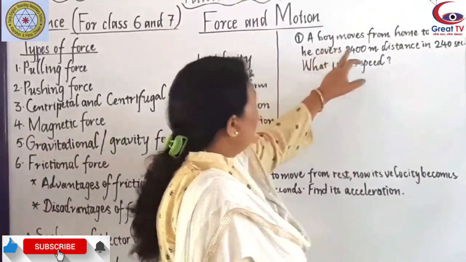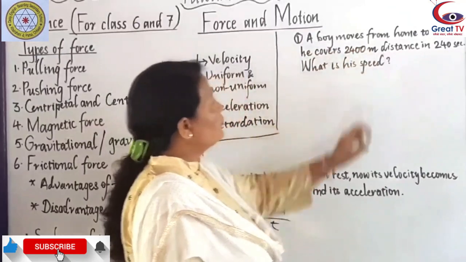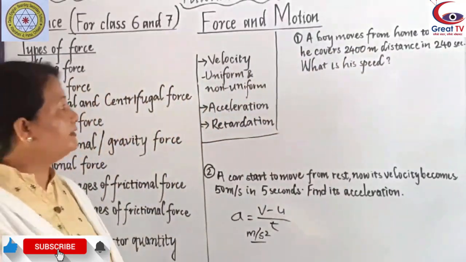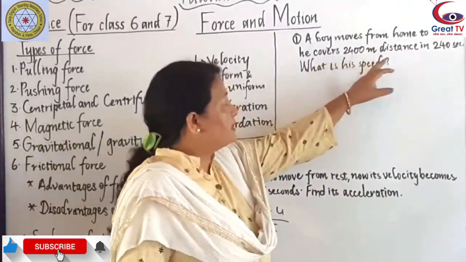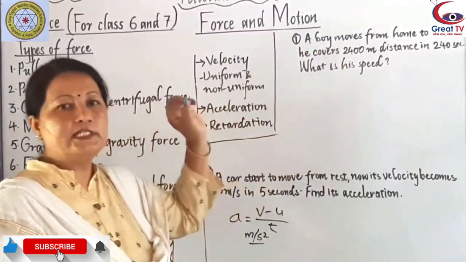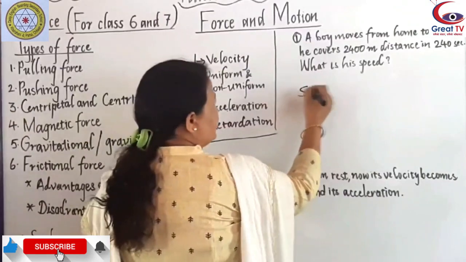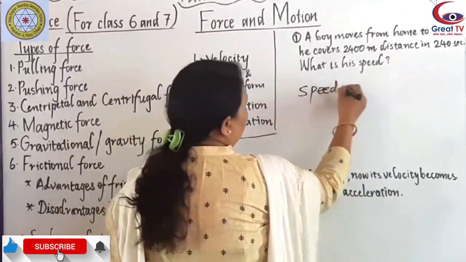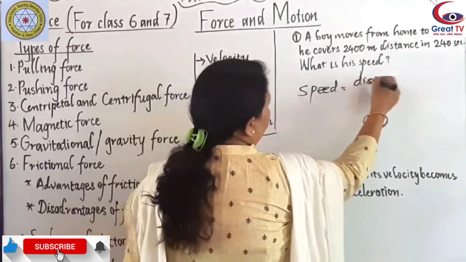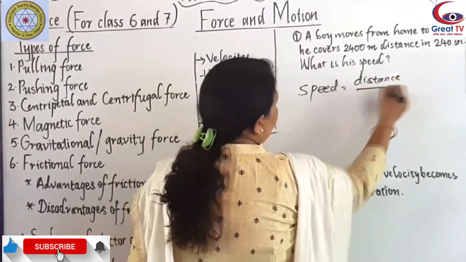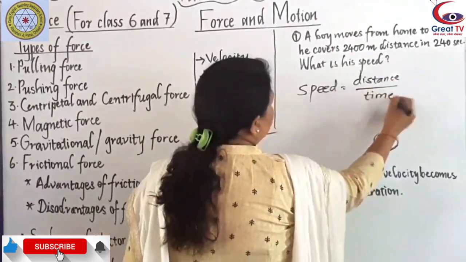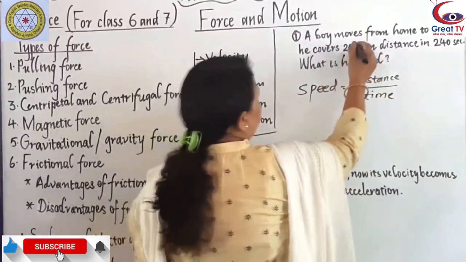Consider a boy who moves from home to school. He covers 2400 meter distance in 240 seconds. What is his speed? We have already studied that speed is equal to distance by time.